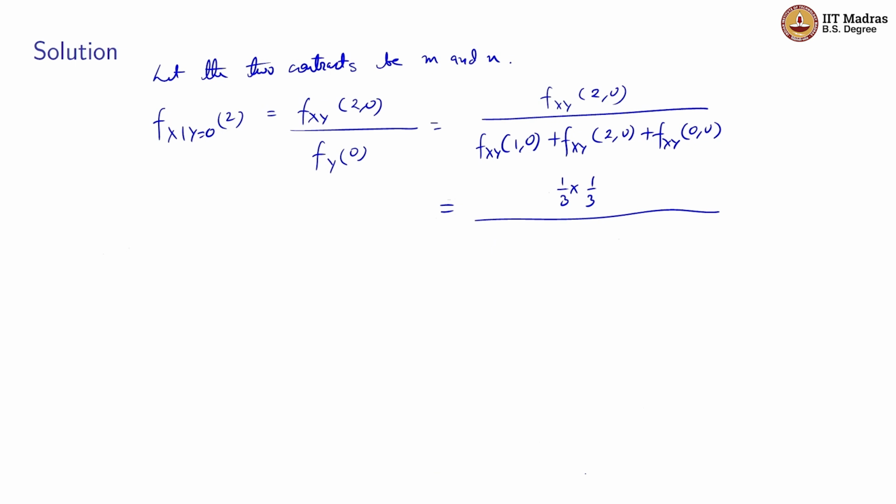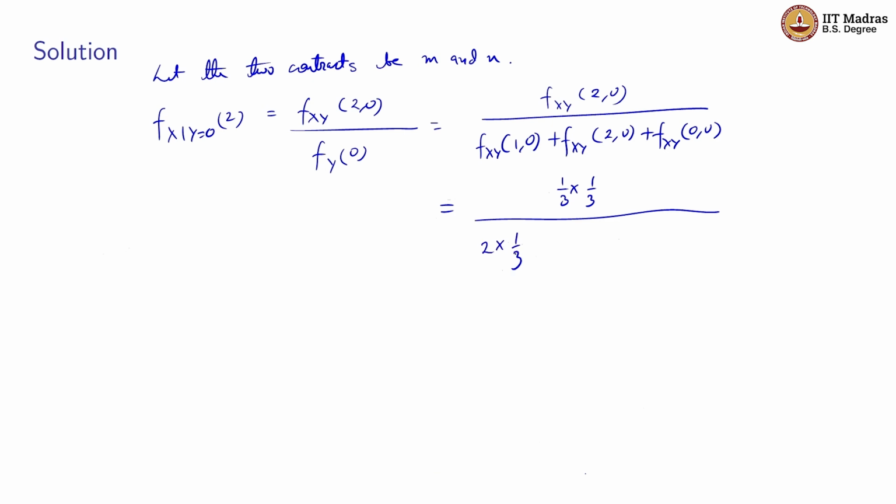And as both the contracts are distinct, there are two possibilities in this. One is contract M is assigned to firm A, and the other possibility is contract N is assigned to firm A. So the joint probability that X is equal to 1 and Y is equal to 0 will be 2 times 1 by 3.